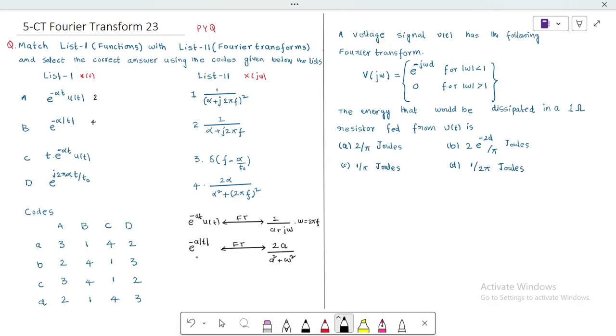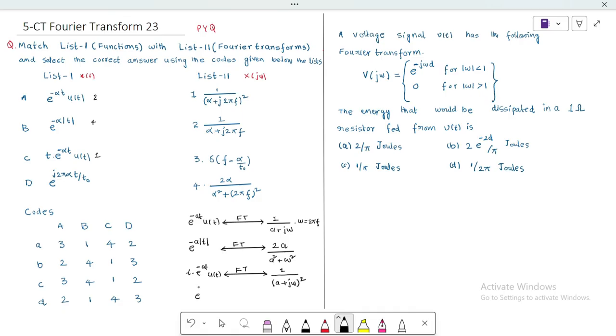Differentiation in the frequency domain, we know that t into e power minus at into u of t, in our subject we have taken a in place of alpha, its Fourier transform equal to 1 by a plus j omega whole square. So here a is alpha, so there is 1.